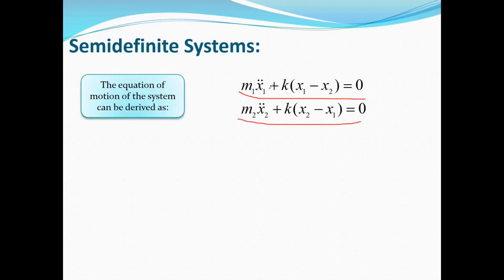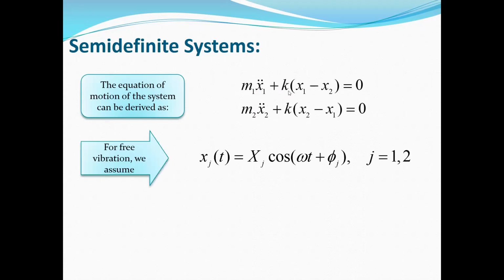As you can see here, in the first equation we only have x1 double dot, but we have x1 and x2. So this system has coupling of static terms, or we have static or elastic coupling, but there is no dynamic coupling in this system. So this is the equation of motion.